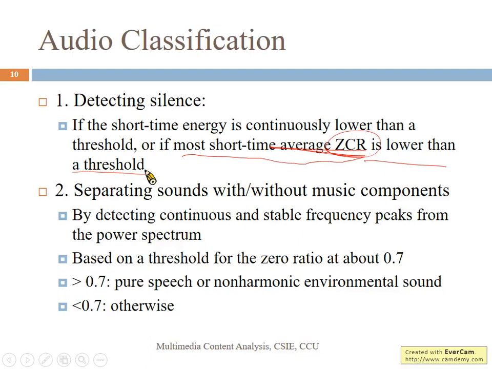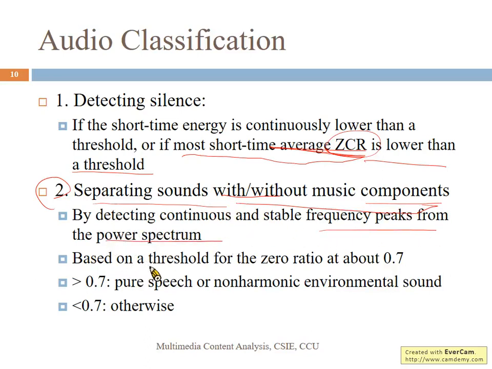So first we remove silence, and then the second step is to separate the sound with and without music components, by detecting continuous and stable frequency peaks from the power spectrum.